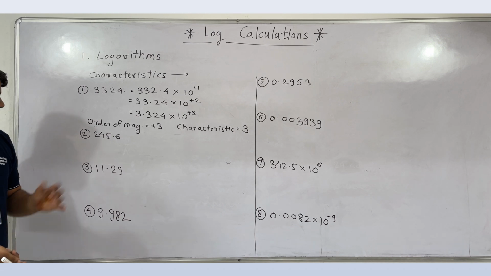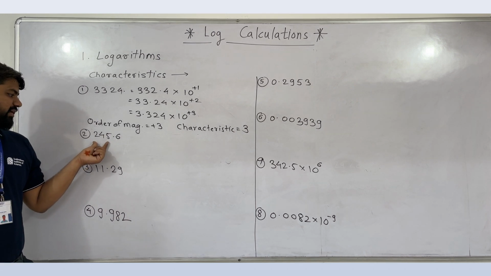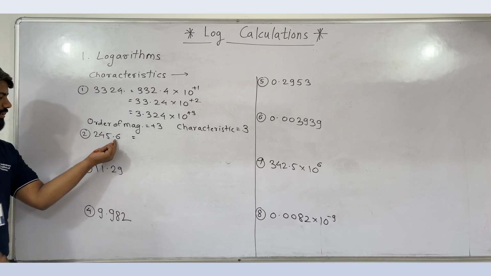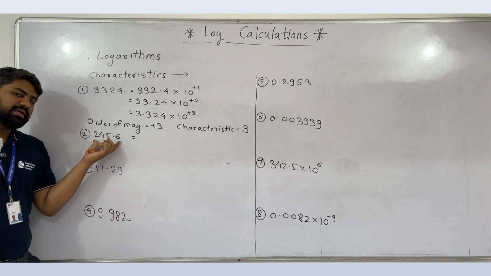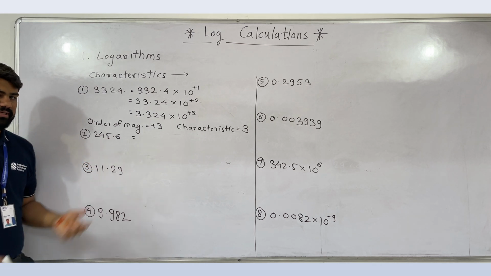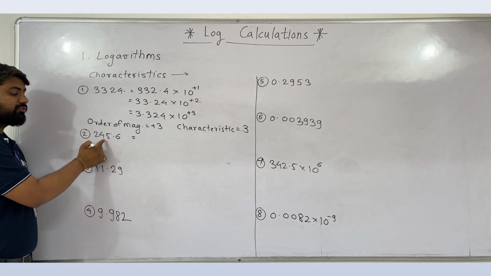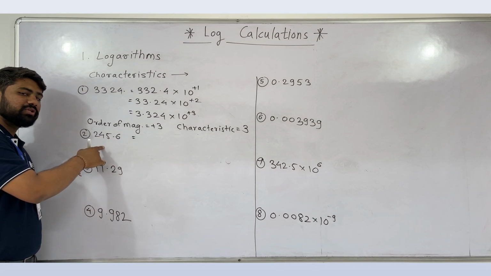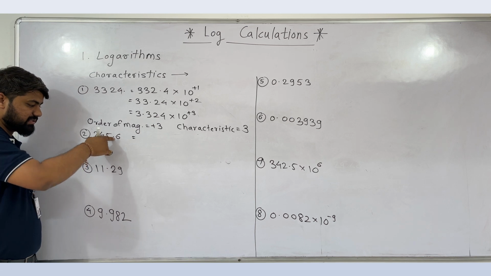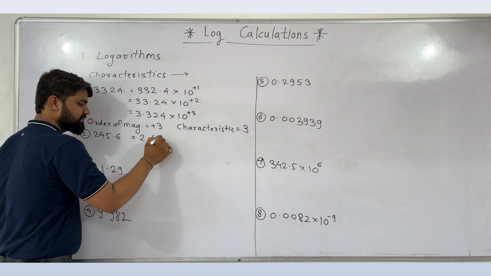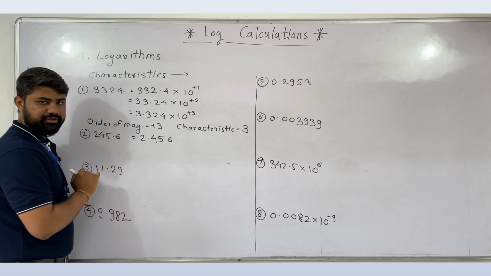Now, see the next number, 245.6. Now, we have to again shift the decimal point such that the number is in between 1 to 10. Now, if I shift this decimal point by 1 digit, I get 24.56, which is more than 10. If I shift from here to here, we get 2.456, which is in between 1 to 10.